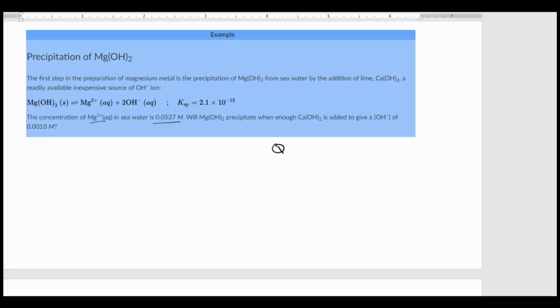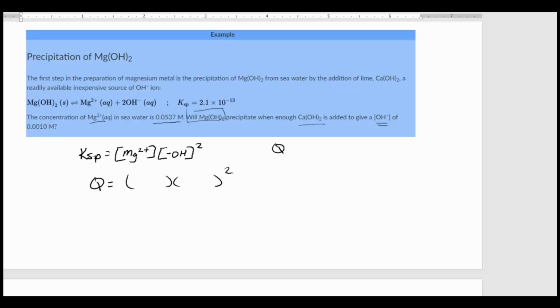And we want to know, will the hydroxide precipitate when enough calcium hydroxide is added to give our concentration of hydroxide? So we need to start with, how is that KSP, what's it dependent on? Well, you find that KSP by taking the concentration of the magnesium times the concentration of the hydroxide squared. So in order to find Q, I'm going to use my instantaneous values and plug them in and solve.